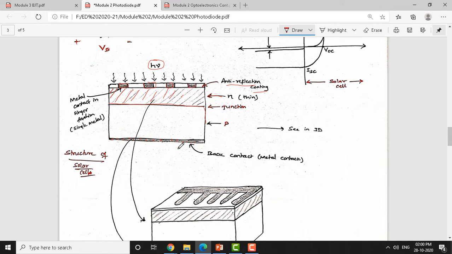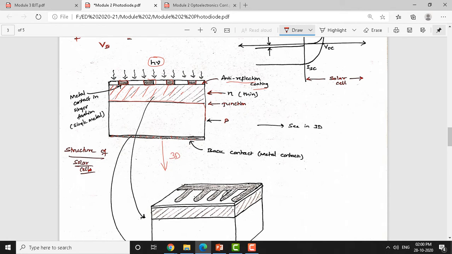If you look at the 3D view shown here, this is a three-dimensional view of a solar cell, and it looks like a finger. Here you can see a cross-sectional view. The metal contacts look like fingers. This is a single metal contact that you are observing here. So this is the physical structure of the solar cell.